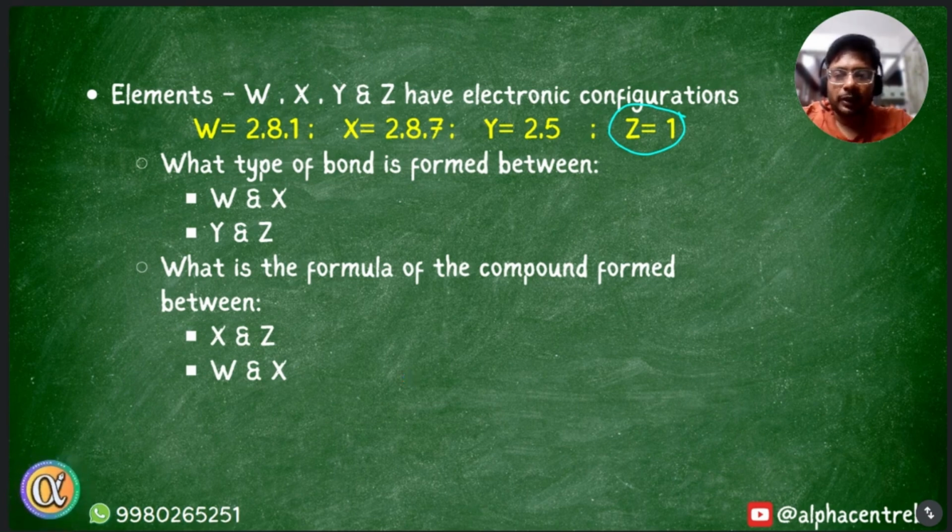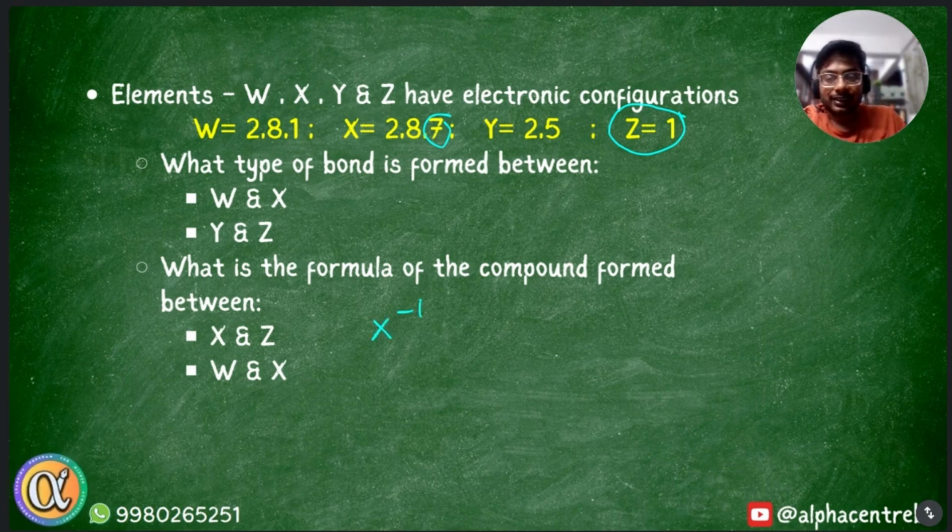The formula of the compound between X and Z. See, X has 7 valence electrons, so its valency is -1. Z has 1 electron, so it has a valency of +1.